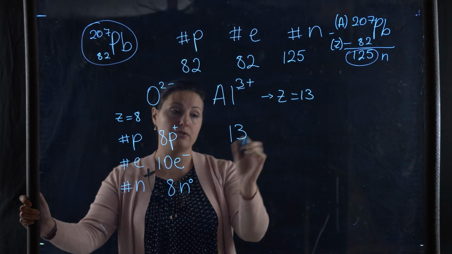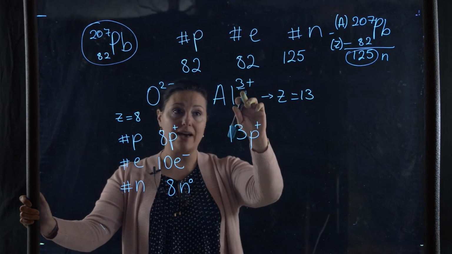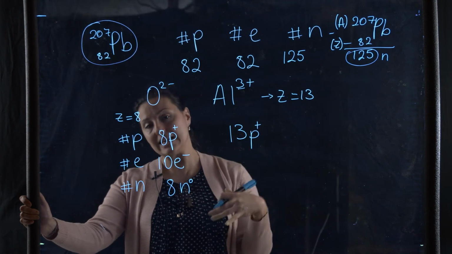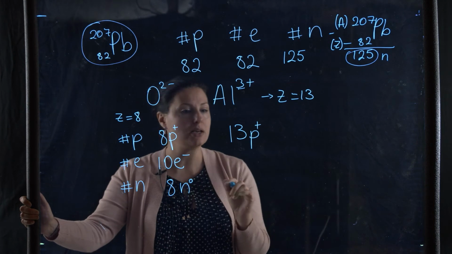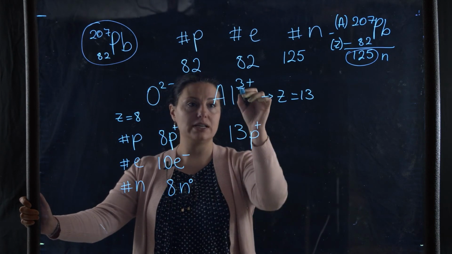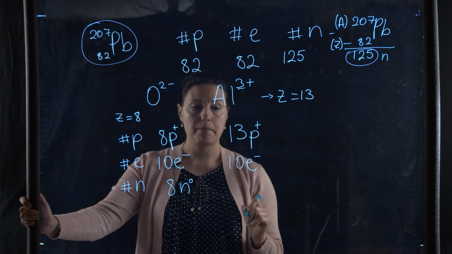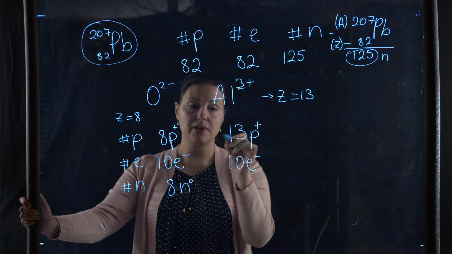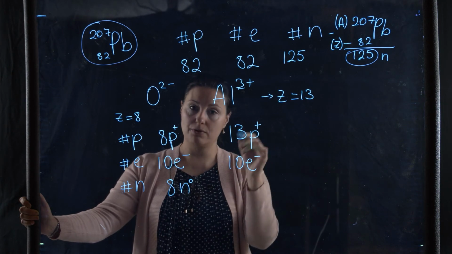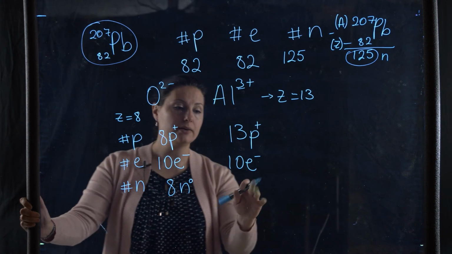So if I start with 13 protons, and I know that I have 3 more protons than I do electrons, then all I have to do is take 13 minus 3, which gives me 10 electrons. If you check, plus 13 minus 10 gives you 3, so 3 plus as a charge. You've done it correctly.